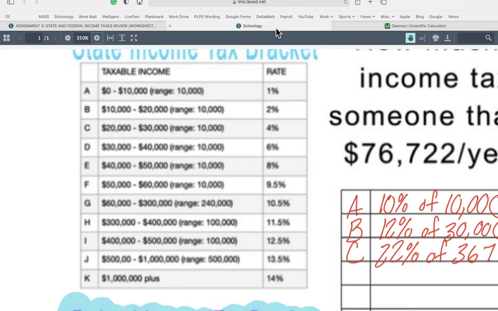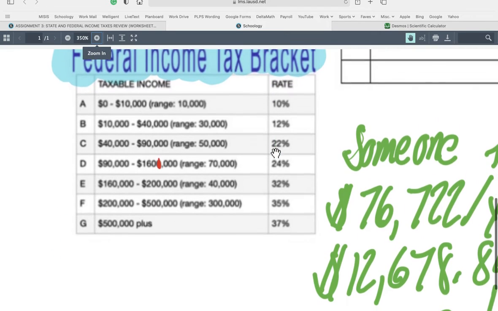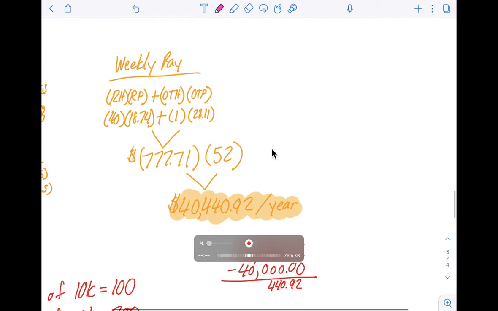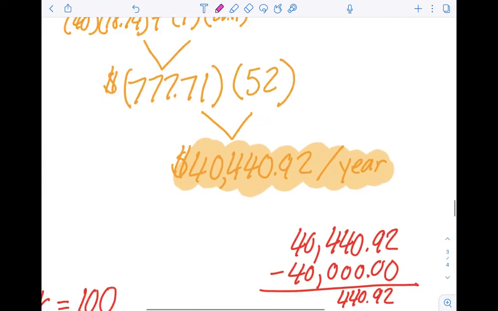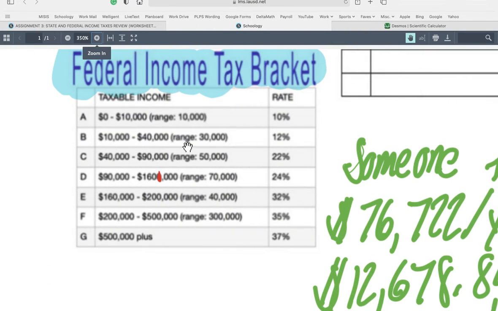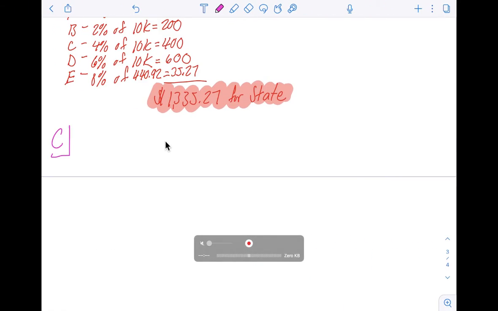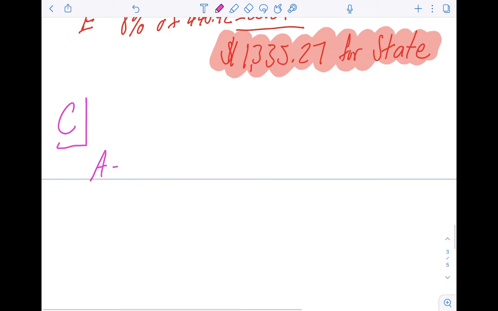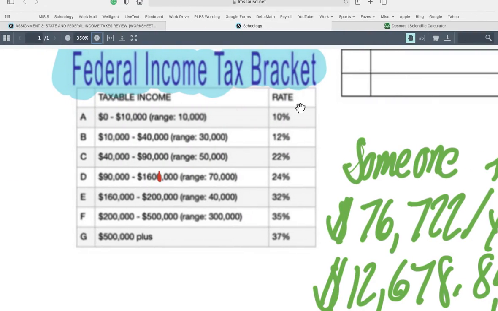So we're going to look at our federal chart and look up this 40,440. 40,440 is C, between 40 and 90. So A, B, C. I'm going to say A, B, C. And what percentages are A, B, and C?